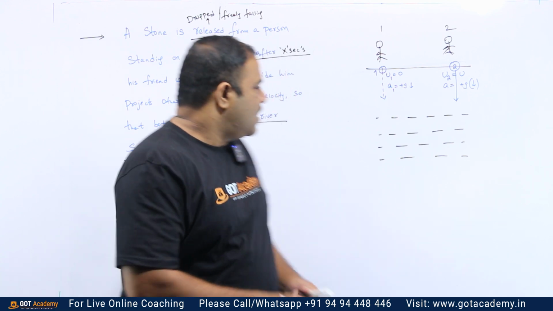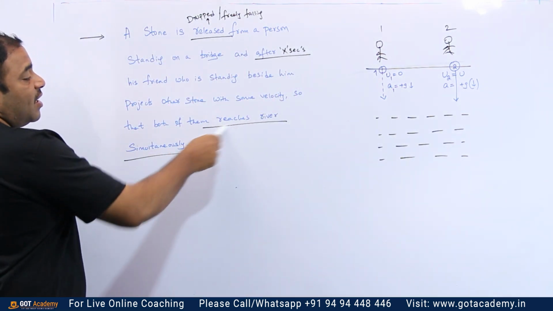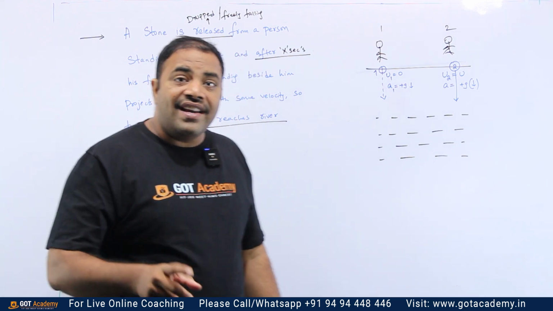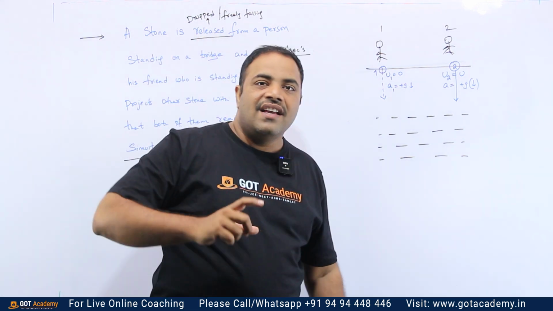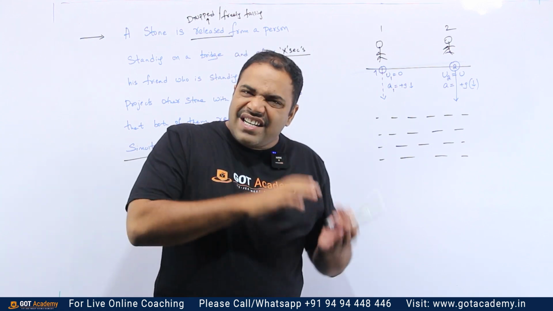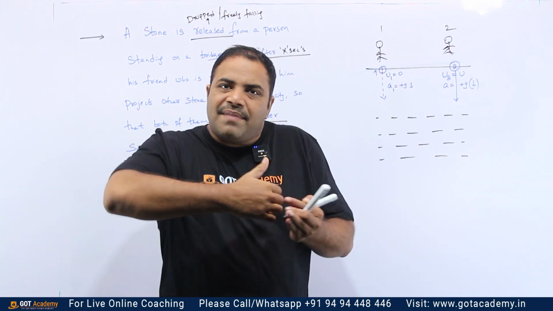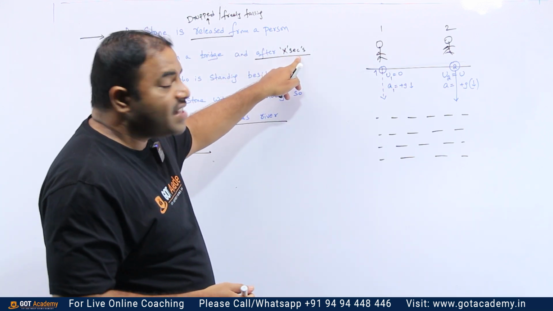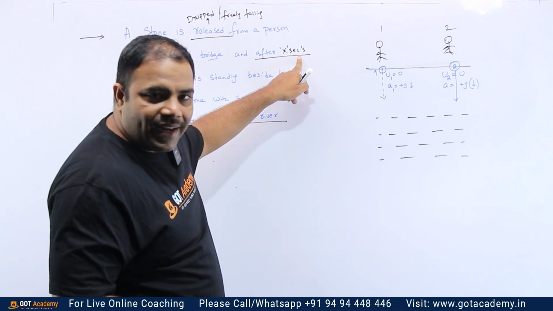Both reach simultaneously only when the second body moves with high velocity and takes less time. Less time means the initial time minus some time, which is x seconds. Since x seconds is mentioned here, I have to take minus.